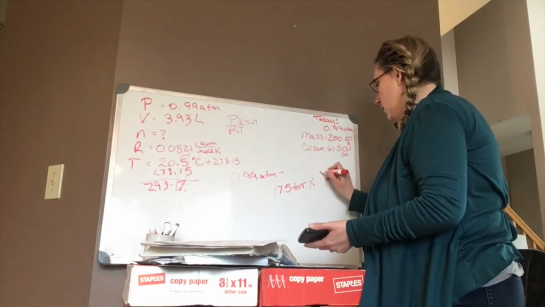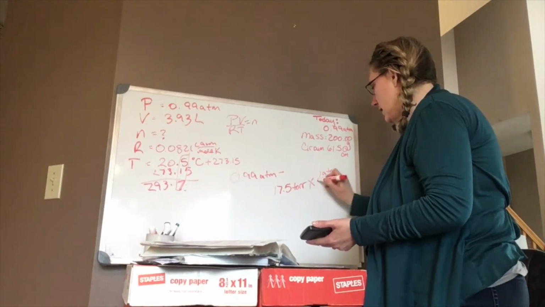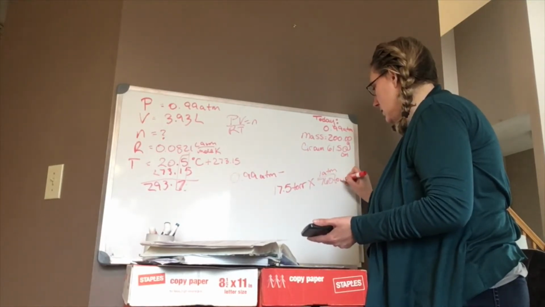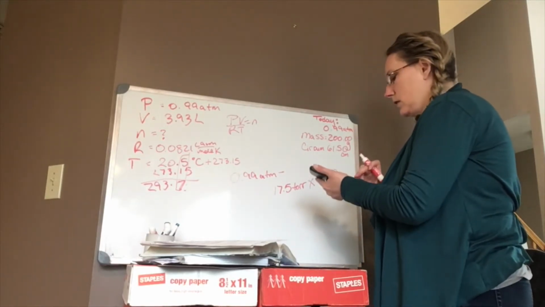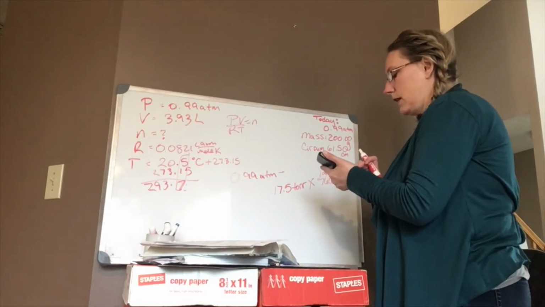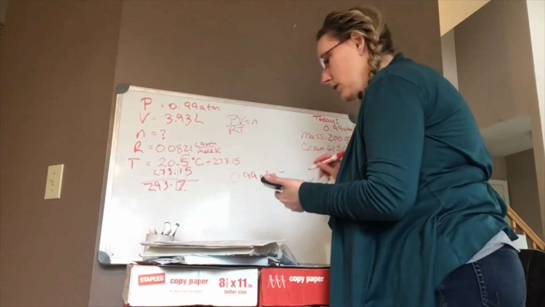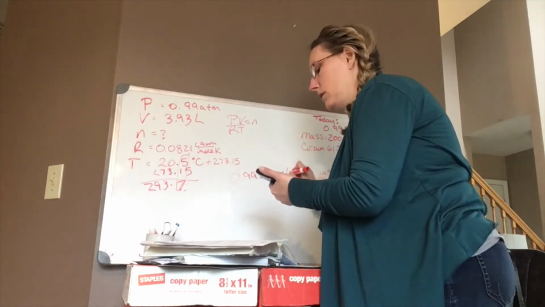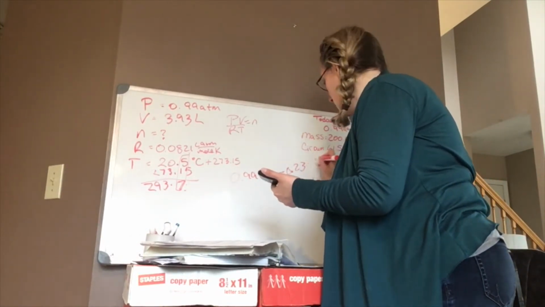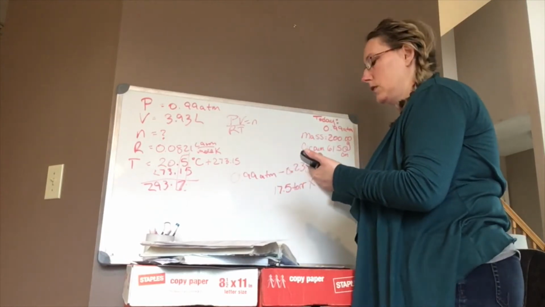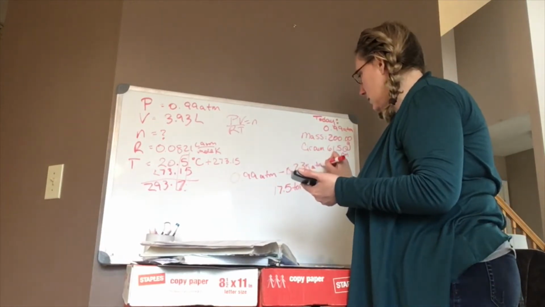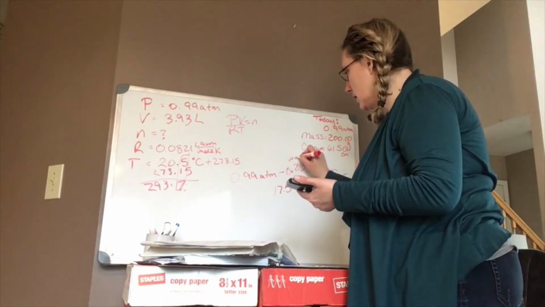In 1 atmosphere there's 760 torr, so I have to divide. 17.5 divided by 760 equals 0.233 atmospheres. So that's the water.